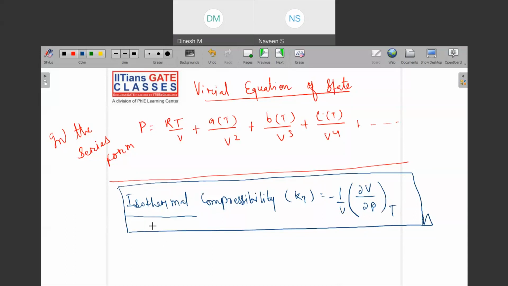Okay. Similarly, we have the coefficient of volume expansivity.